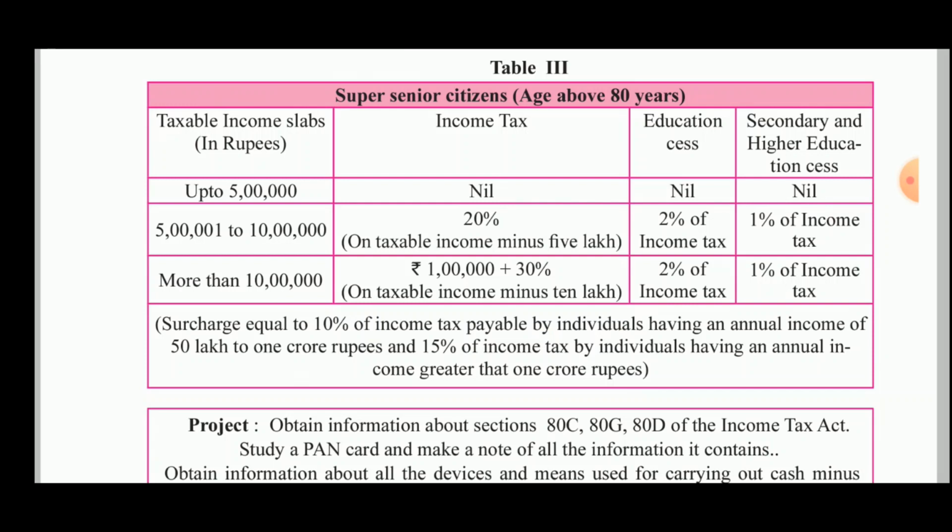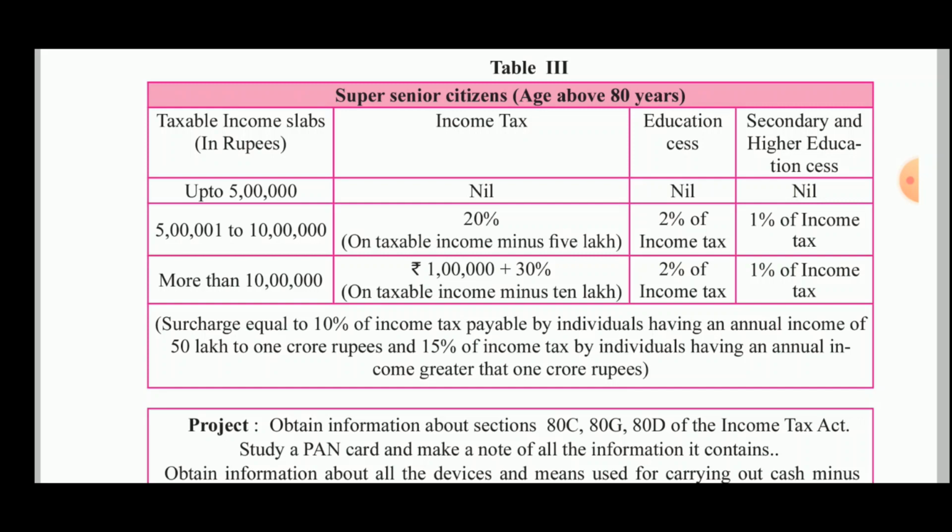From 5 lakh to 10 lakh, income tax is 20% on taxable income minus 5 lakh, education cess is 2% of the income tax, and secondary and higher education cess is 1% of the income tax.